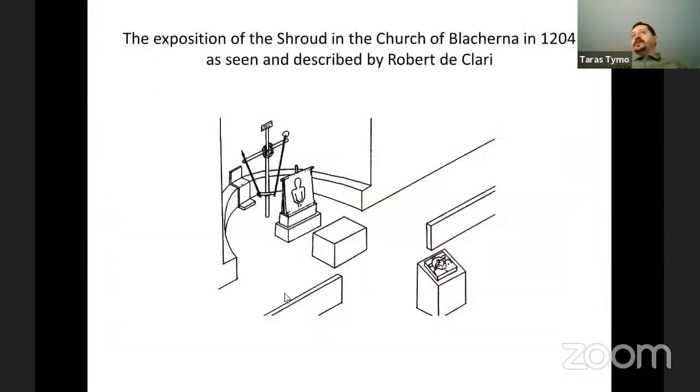And if you look at this, you can see that only a person who looked at the shroud from here could have seen this semi-figure representation of Jesus against the cross.